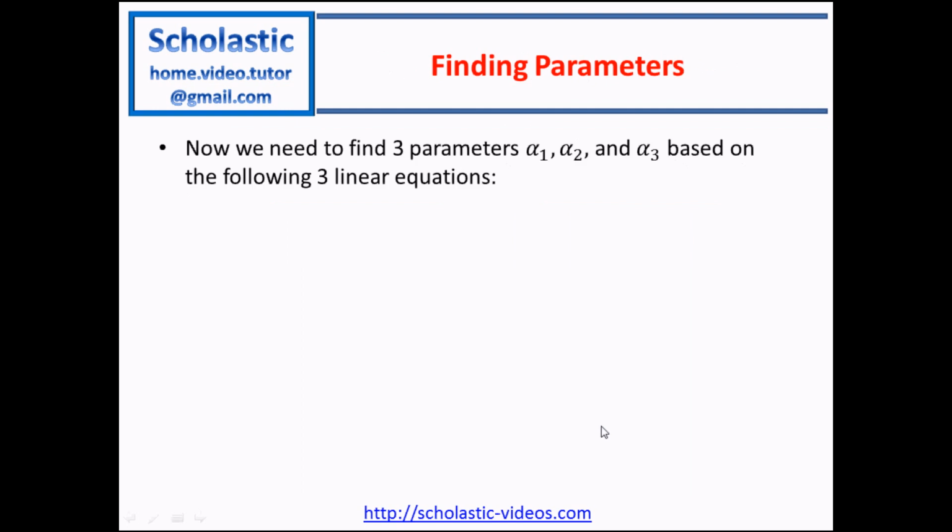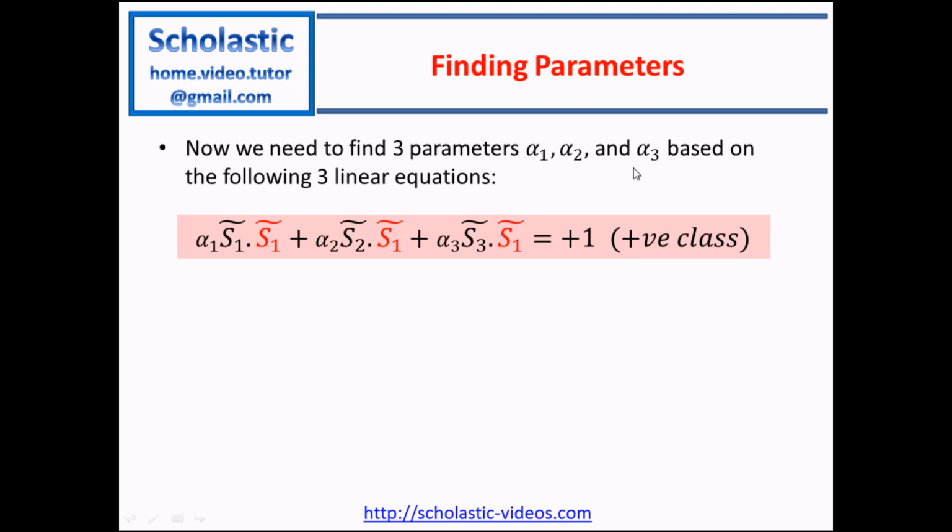Let's see how we are going to proceed from there. We are going to find three parameters called alpha 1, alpha 2, and alpha 3, which is again very simple. It's a linear equation: alpha 1 times S1 tilde times S1 tilde, plus alpha 2 times S2 tilde times S1 tilde, plus alpha 3 times S3 tilde times S1 tilde, equal to +1.